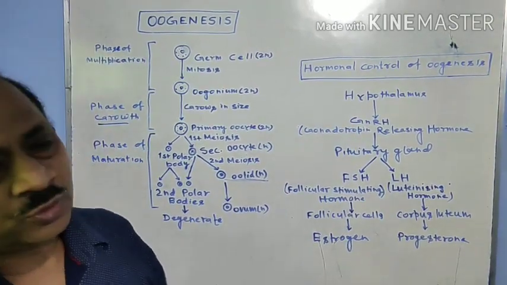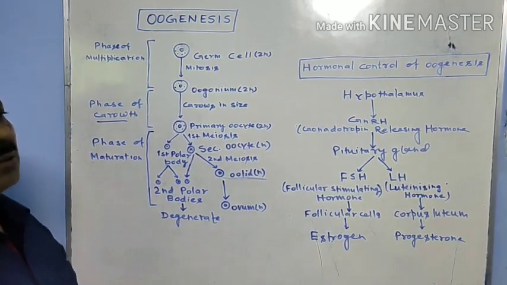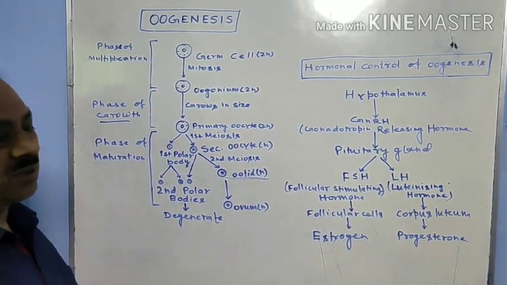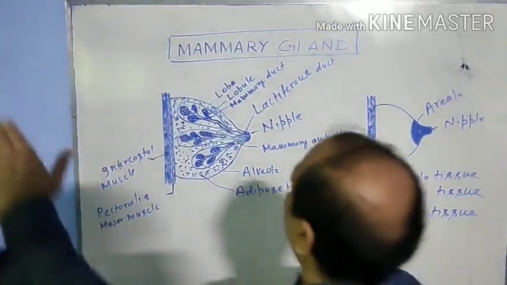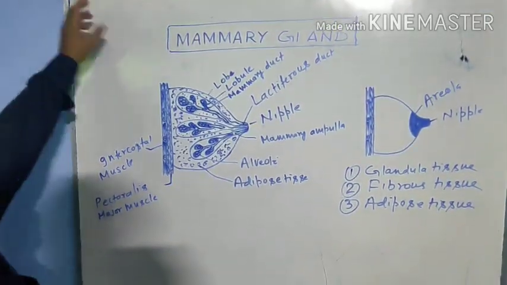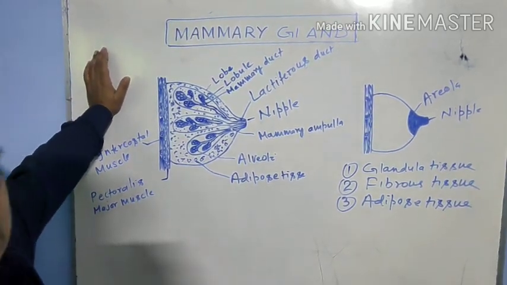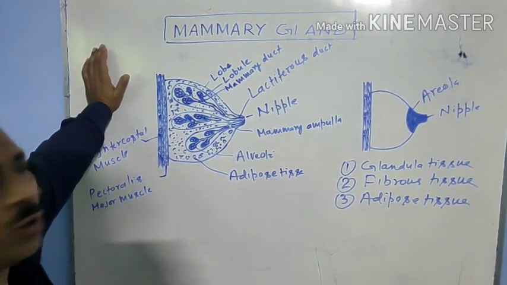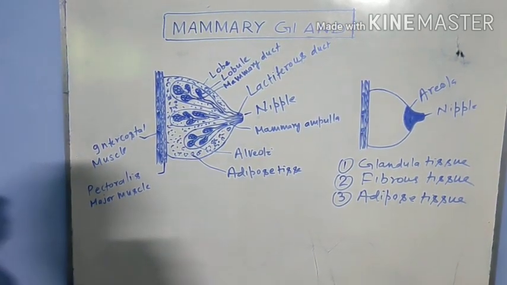Now I am going to discuss about the structure of mammary gland. It is mammary gland. Mammary gland is one pair, one located on either side of median axis.